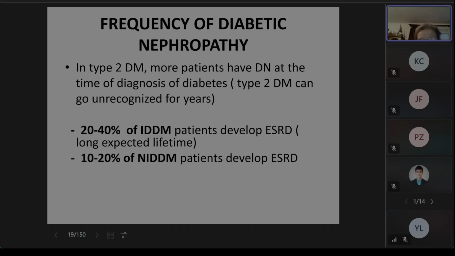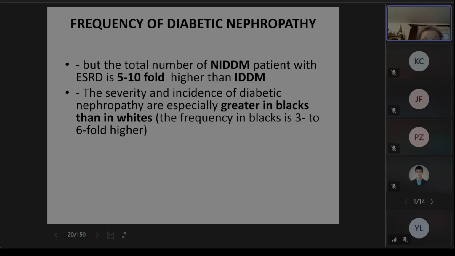Because they are elderly people and they can die because of quite different complications, like, for example, complications connected with some abnormalities of the circulatory system, from strokes, or for example some neoplastic diseases. And this is why end-stage renal disease because of diabetic nephropathy is nowadays observed more frequently in type 1 diabetic patients.